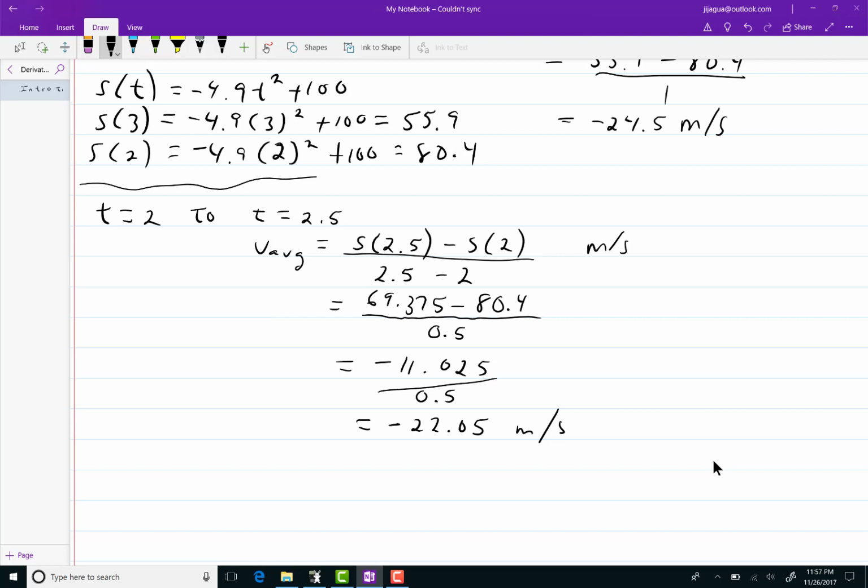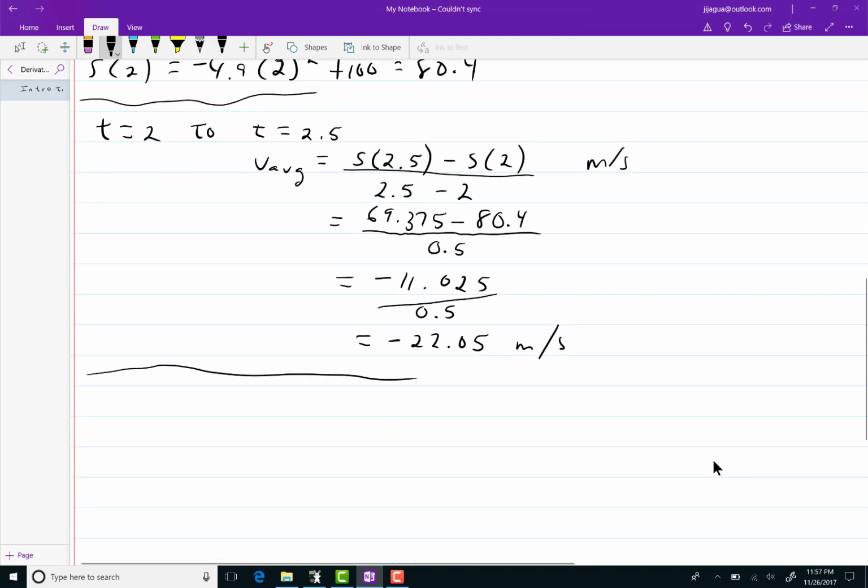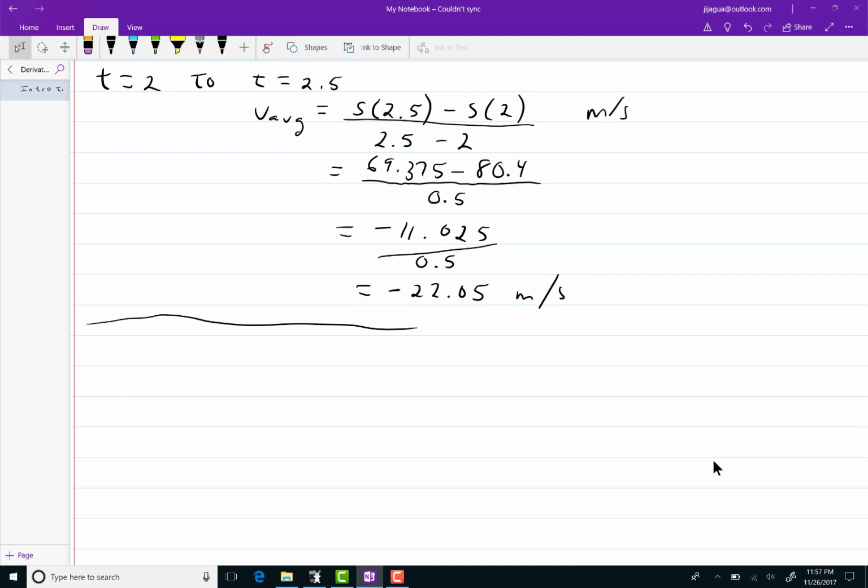Well, let me keep going and do this for a while. How about t equals 2 to t equals 2.1? Once again, I'll compute the average velocity, s of 2.1 minus s of 2 all over 2.1 minus 2.